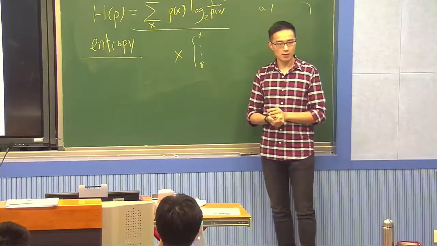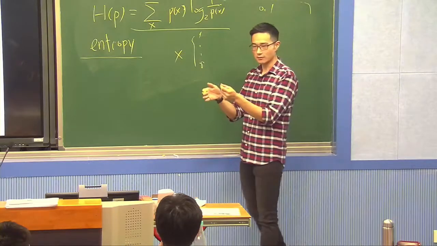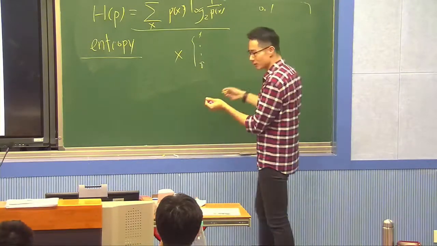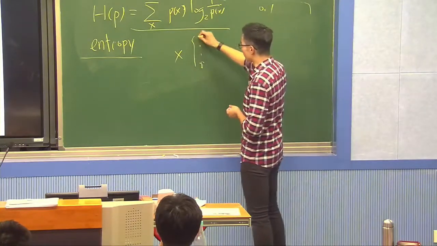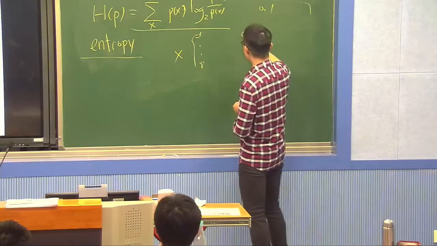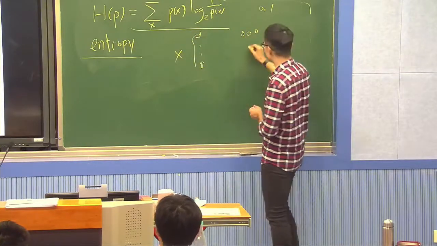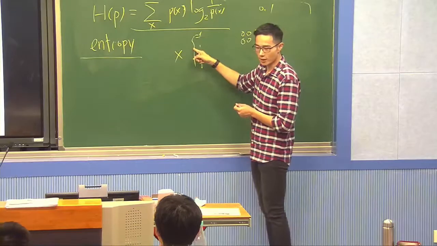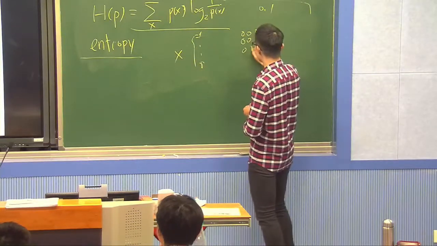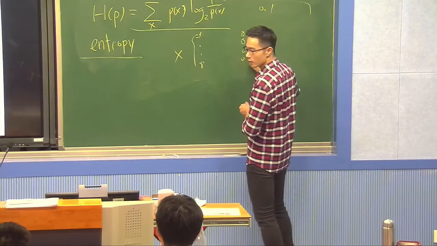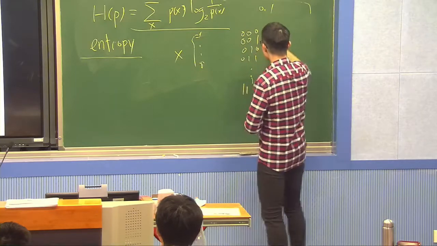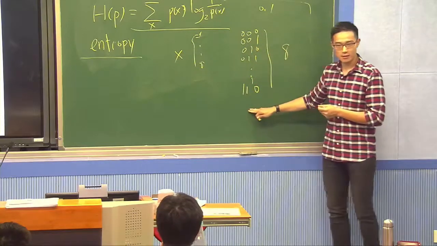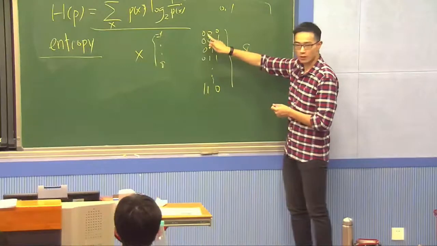If x has 8 values, how do I encode x into 0, 1? Well, one way to do it is I can say when x equals 1, I encode it as 0, 0, 0, and I have 0, 0, 1 for the second value. The third value would be 0, 1, 0, and 0, 1, 1, all the way to 1, 1, 1. So there are 8 different possibilities, and I can encode them using 0, 1.